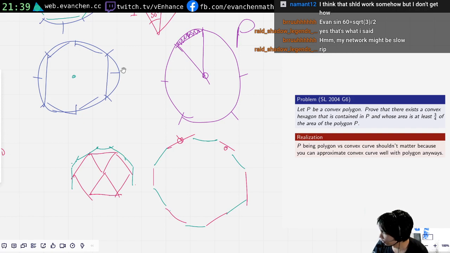What if I just have a triangle? And if you're in a circle, it should be the regular one. If you're in a regular polygon, I'm not liking this.